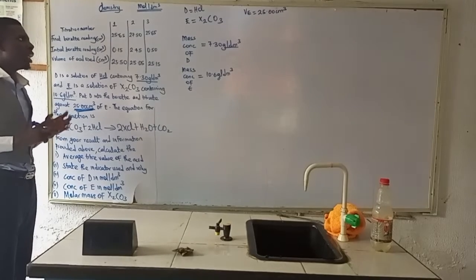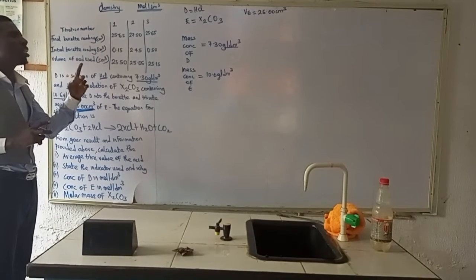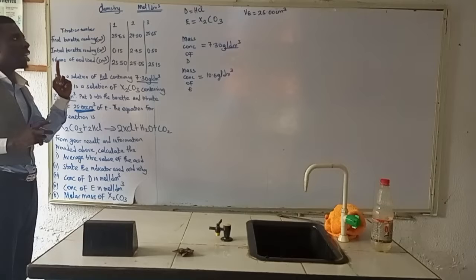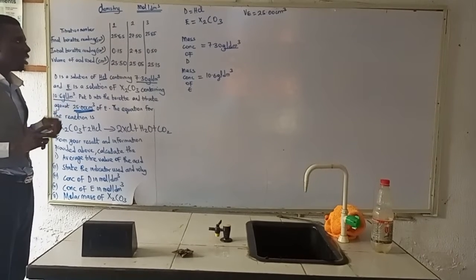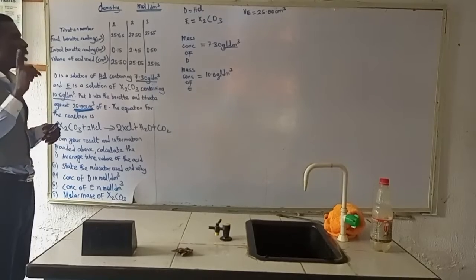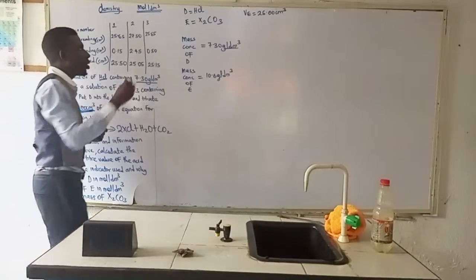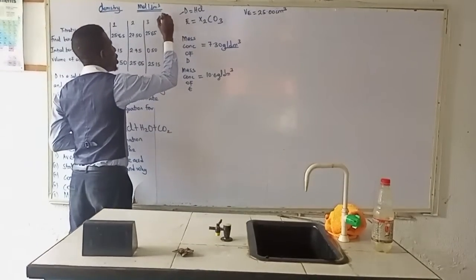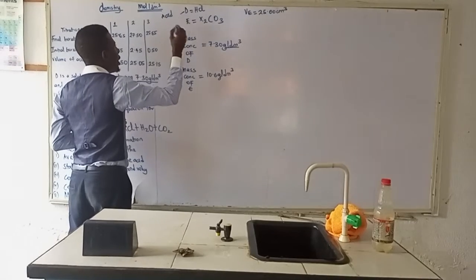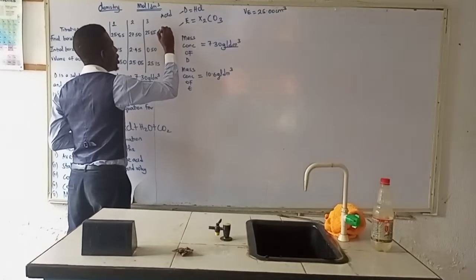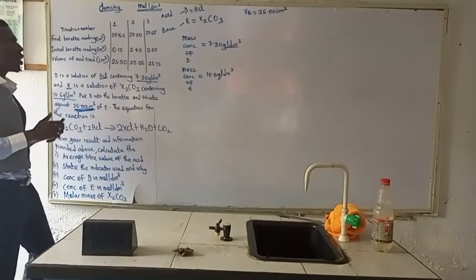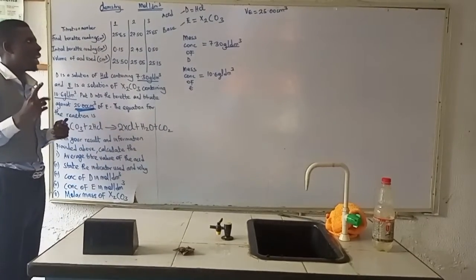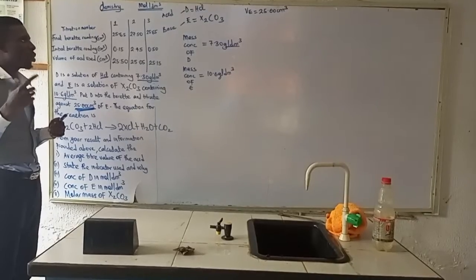When you are given questions like this, the first thing is to state the parameters of the information given. In this particular question, D is standing for our acid, while E is representing the what? The base. The acid in this question is represented with letter D, while the base is represented with letter E. The acid is hydrogen chloride, while the base is Cs2CO3.